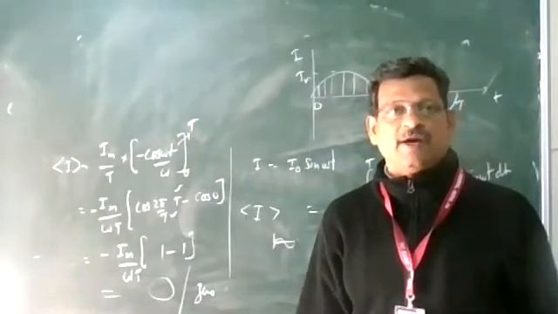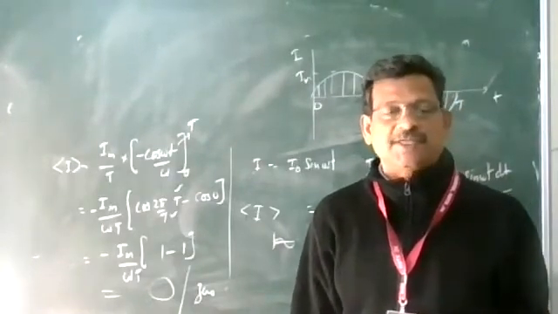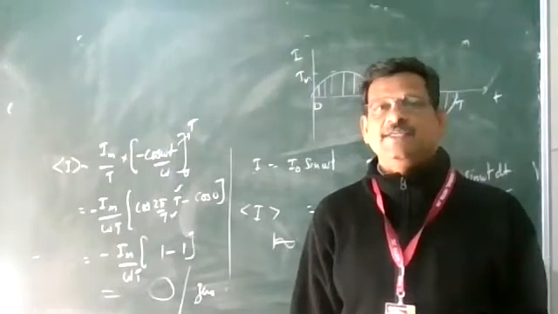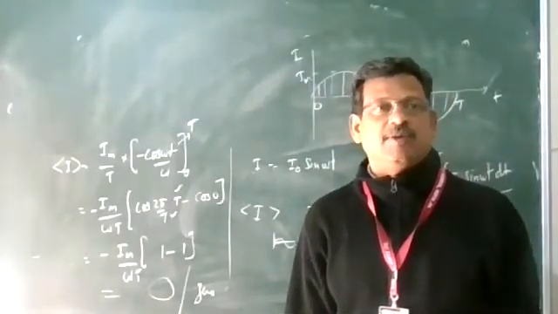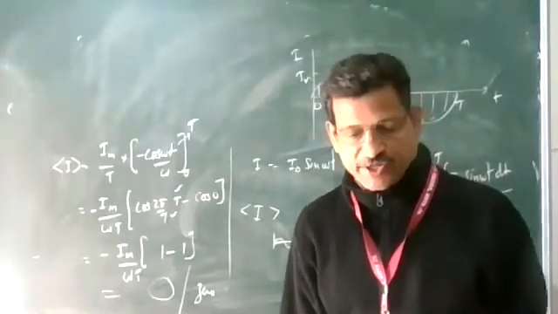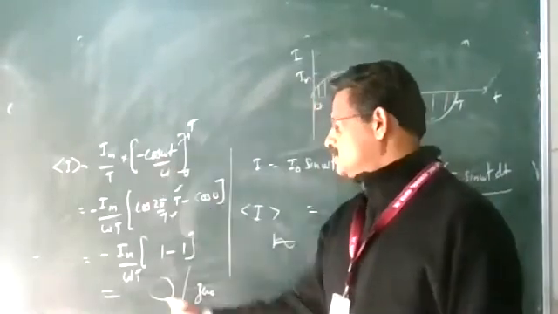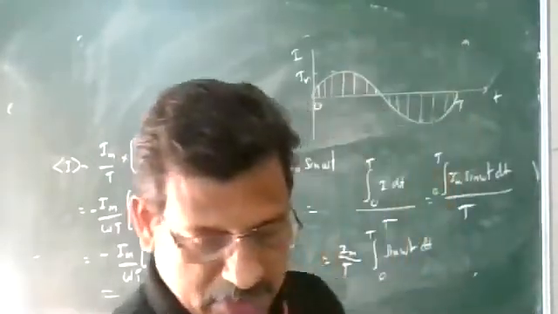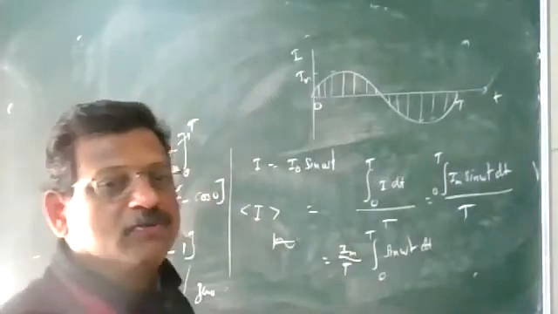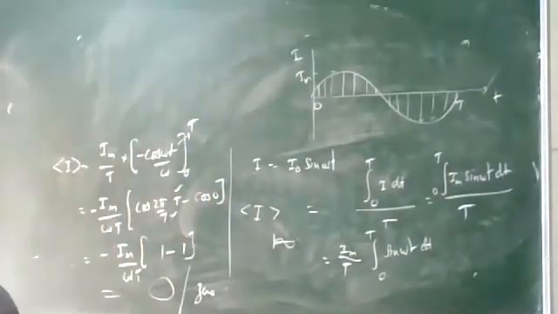So the ordinary ammeter that we use for measuring DC current and voltage, we cannot use to measure AC current or voltage. This is because the average value of AC current, and similarly voltage, is equal to 0. This is how you see through the integration that the average value is equal to 0. So an ordinary ammeter cannot be used to measure AC current.